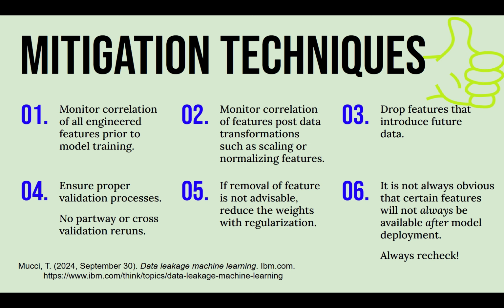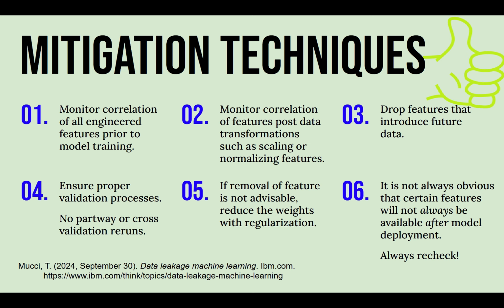If we were to create a model that contains data leakage, we would use our visualizations and our feature importance to figure out which feature is introducing future data or is the cause of the data leakage, and drop those features. So we might have to go back through the revalidation process and start all over.